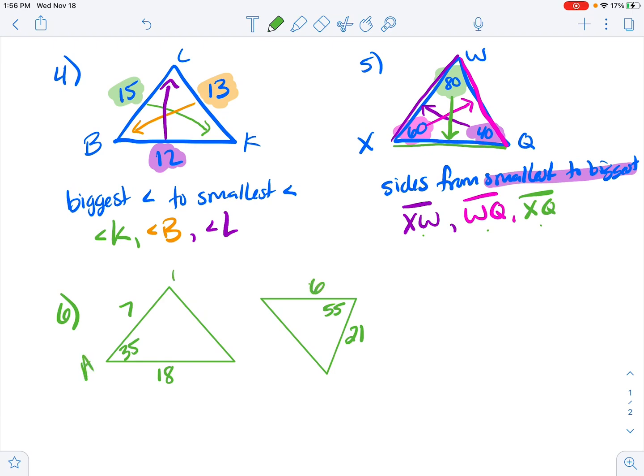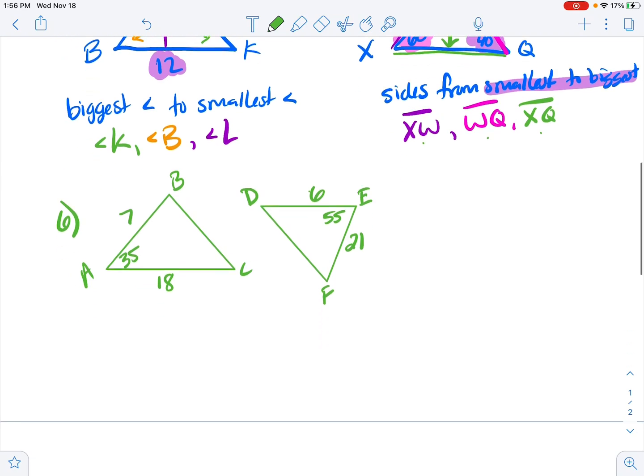We'll do A, B, C, D, E, F. Okay, so now if we're going to compare the angles and sides in these two triangles, we're going to figure out which ones are bigger and smaller.